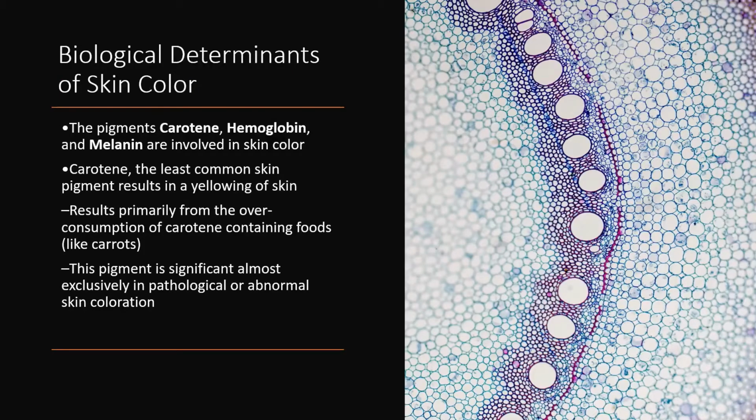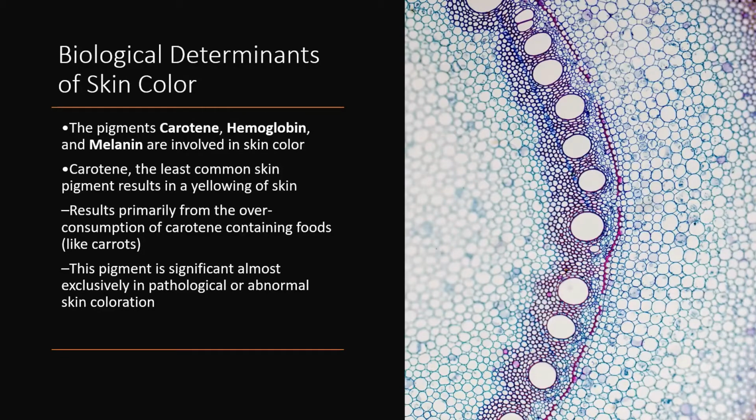Before going to the measurement of skin color, first try to understand the various biological determinants of skin color. There are basically three components which decide the color of the skin tone. The first is carotene, which gives the yellowish color, and it is the least common skin pigment, resulting in yellowing of the skin.